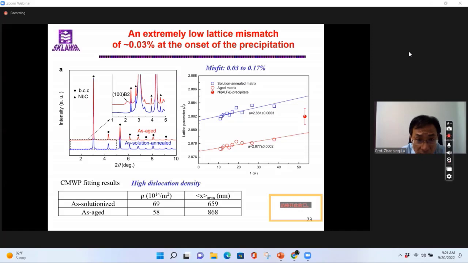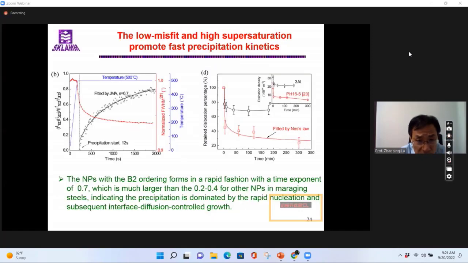And due to the low misfit interface and the low interfacial energy, the precipitation kinetics of this nanoprecipitate is really quick. We have carried out in situ scattering experiments at different temperatures. Then we fit the data by the JMA equation.